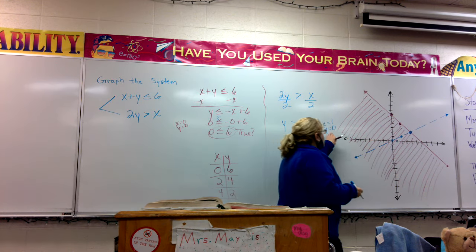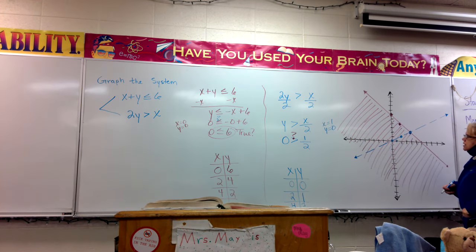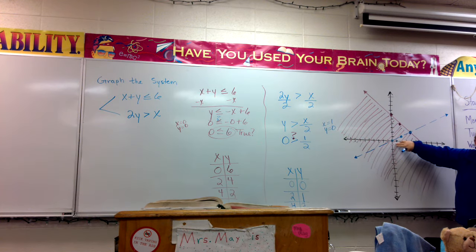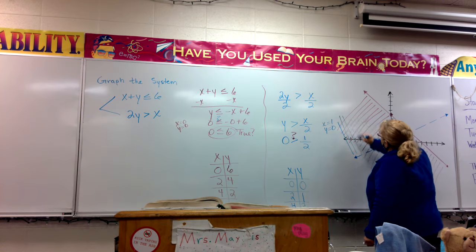So that means the point that I chose is not part of the solution. Now, remember, we're talking about the blue line. So the point I chose on the lower half is not part of the solution. What does that mean? Shade the other side. So that means I'm going to shade this part.